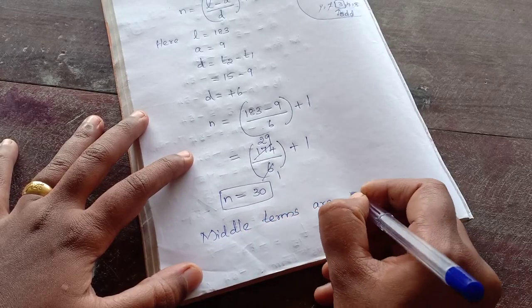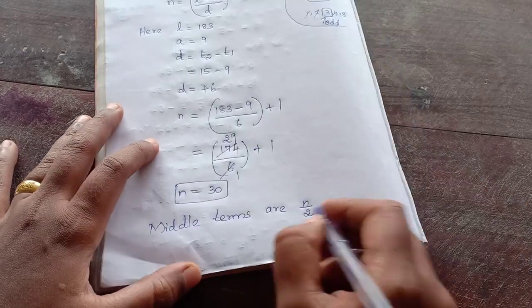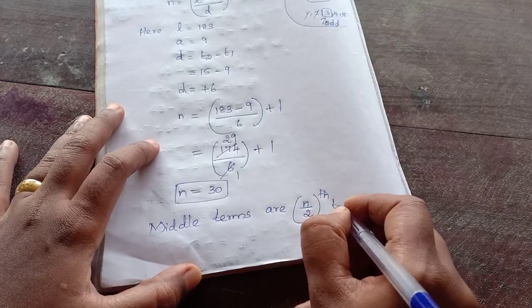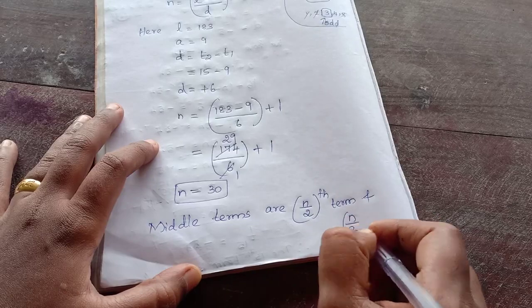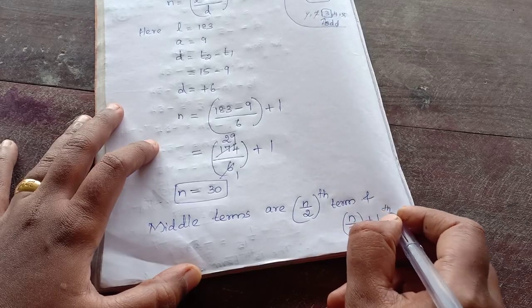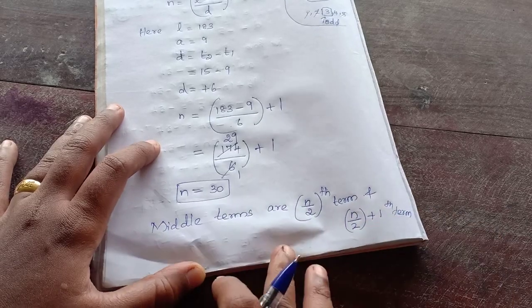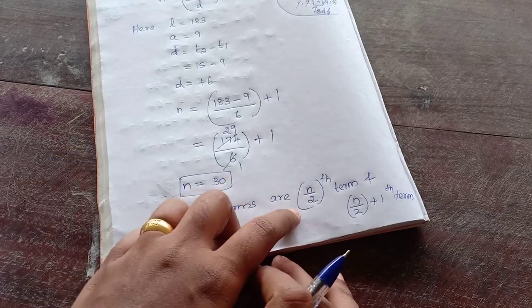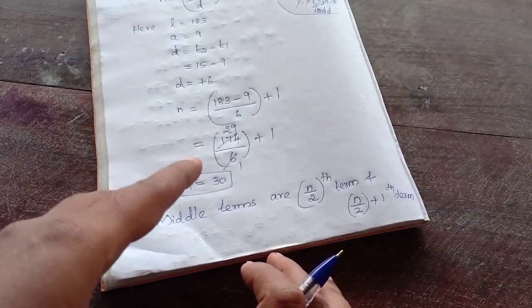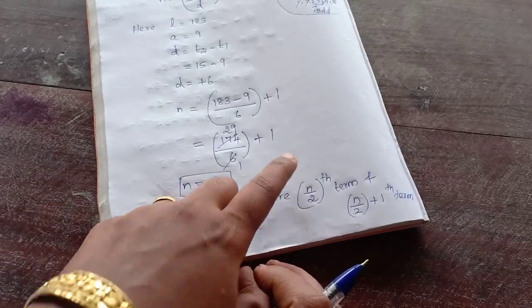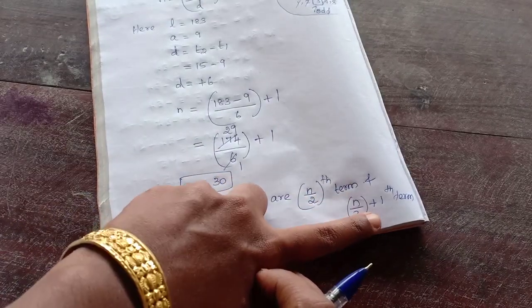The middle terms are the n by 2 th term and the (n by 2 plus 1)th term. Okay, this is the formula. Just learn this. If it is even, there will be 2 middle terms, that is the n by 2 th term and the (n by 2 plus 1)th term.